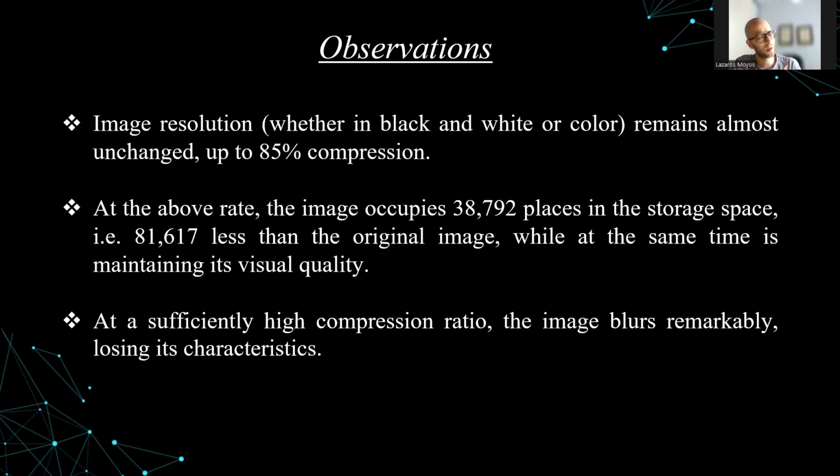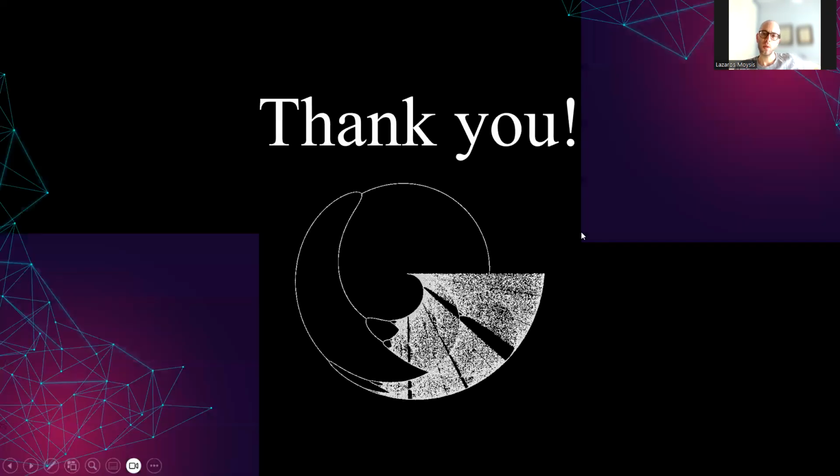Of course, in medical images, you cannot do that so easily because the information is very important. But in other types of images, you can discard information and, as I told you, potentially add new information hidden to the naked eye.